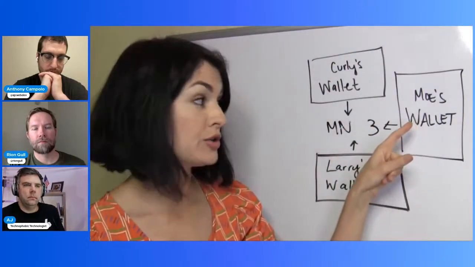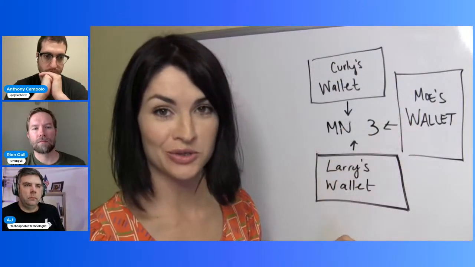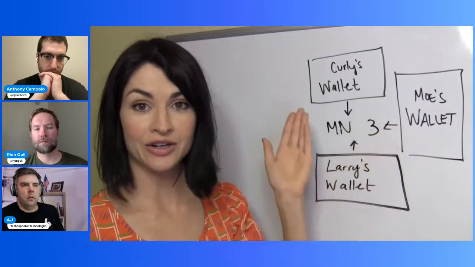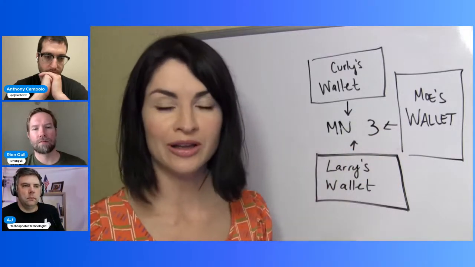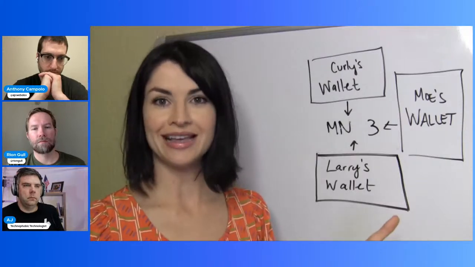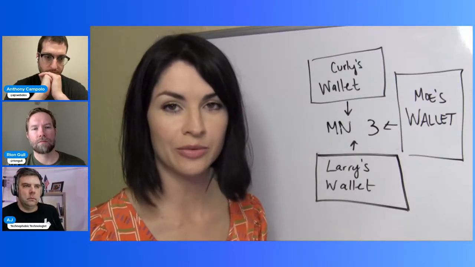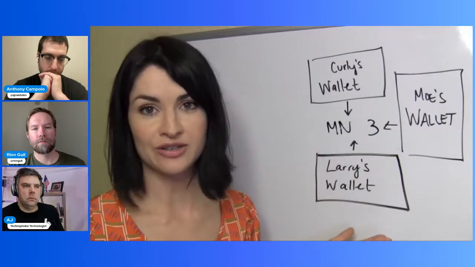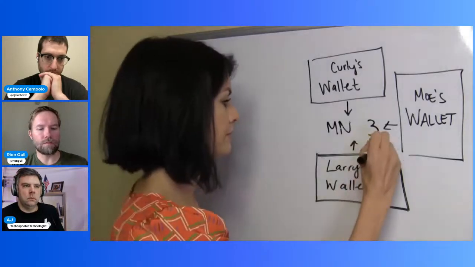Changing your wallet here to Mo's for continuity of the story. Once the wallets belonging to Mo, Larry, and Curly all respond to this mixing queue because they all have one Dash they would like to mix, the session is ready to start, as 3 participants are required.